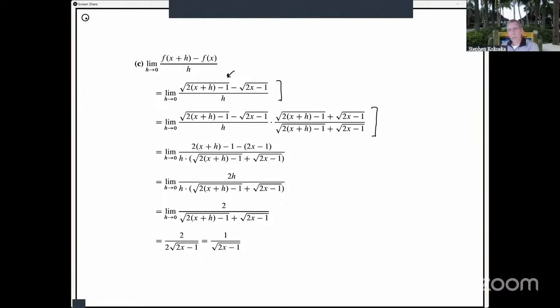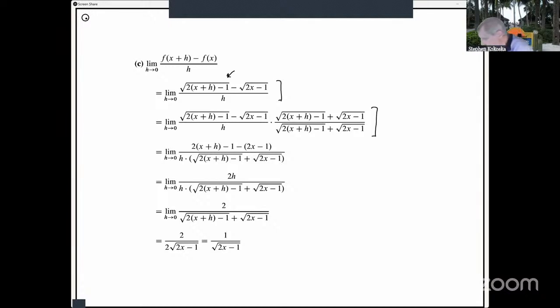You multiply by 1 in a convenient form, and the expression that I use in both the numerator and the denominator is the conjugate. Why is that a good idea? Well, because then the numerator becomes the difference of squares. It looks kind of funny, but it's the difference of squares.